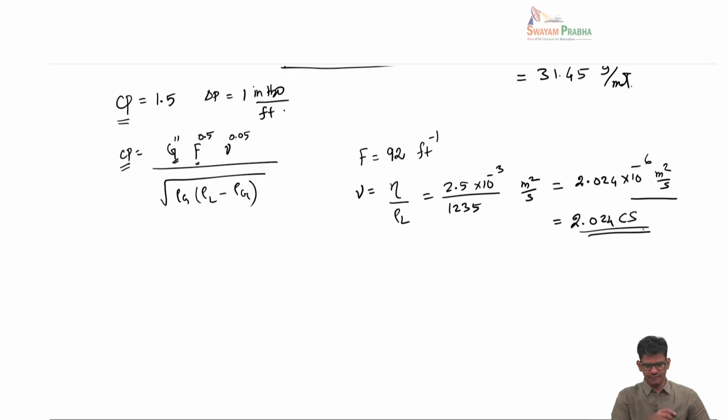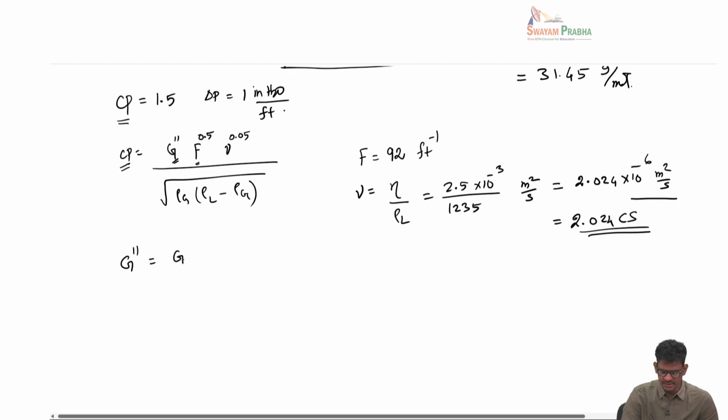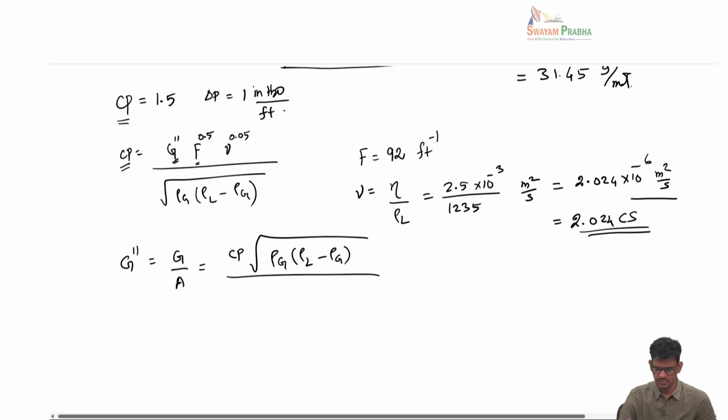Well, I think we know everything here, so we can solve for G double prime, which is nothing but G over area A, and this becomes capacity factor. Okay. So now you can substitute all these numbers that we know here already.